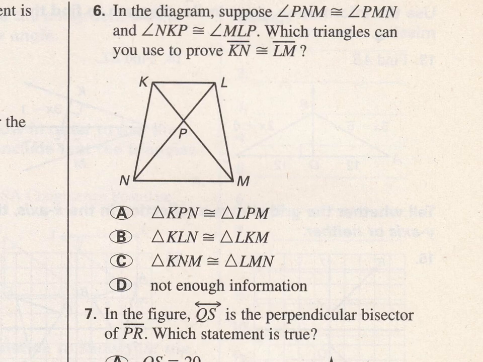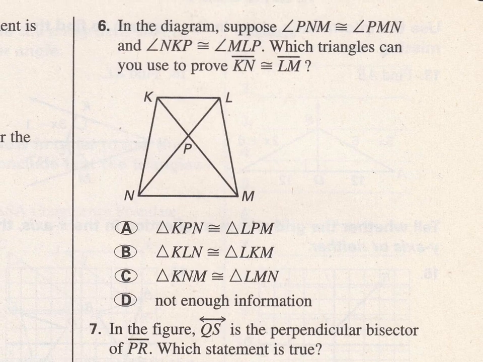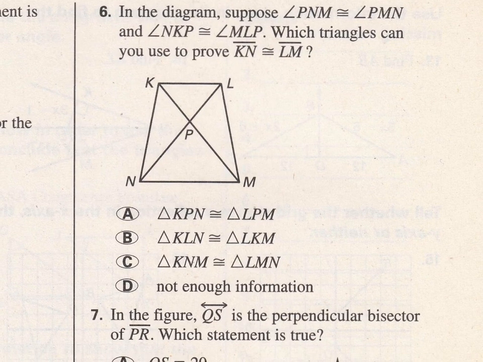On number 6, in this diagram, suppose that angle PNM, oops, need a pen. That's this guy right here, is congruent with PMN, so that would be this angle here. And NKP is congruent with MLP, that's that angle there.